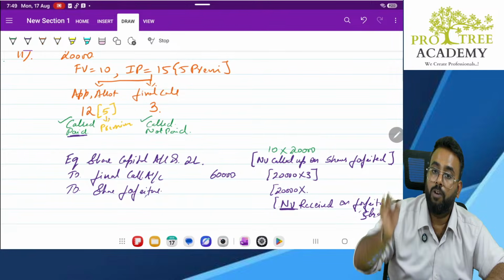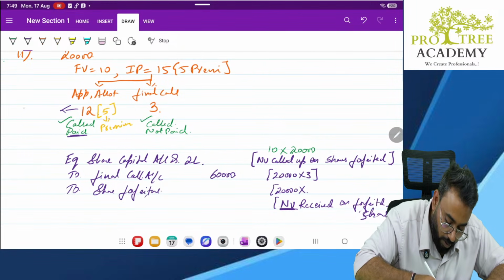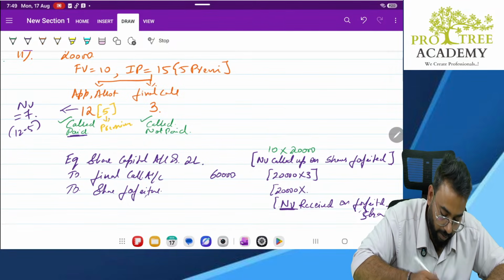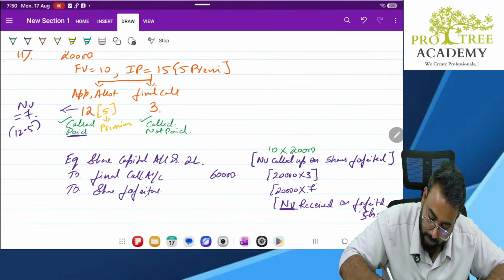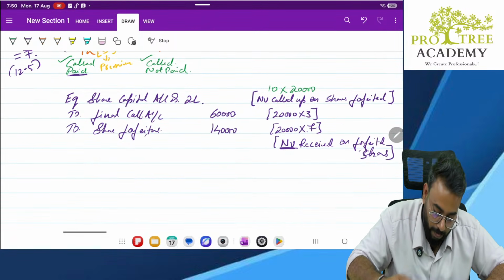What is the nominal value you have received? So here nominal value received is 7, that is 12 minus 5. Okay, clear? Yes.